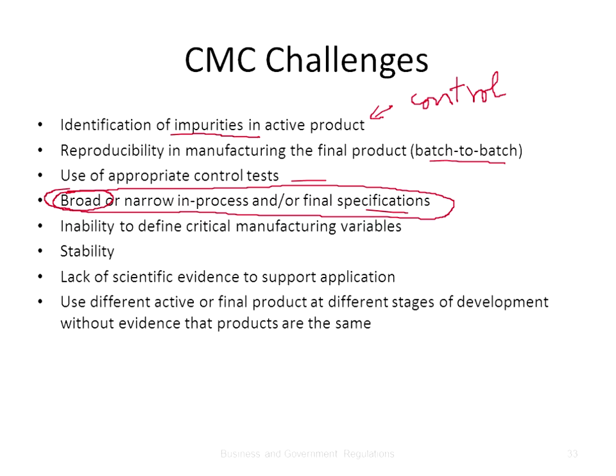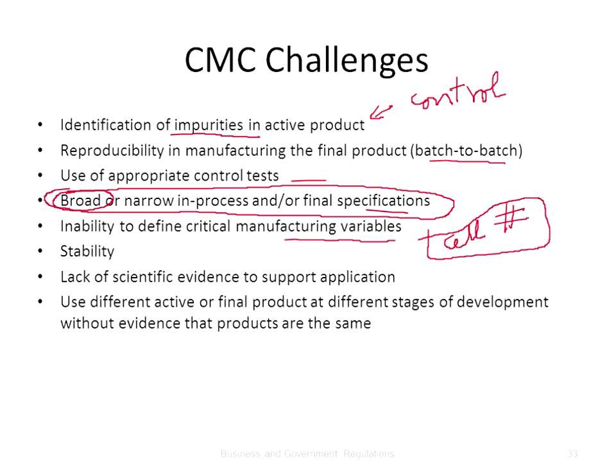Are you able to define critical manufacturing variables? A good example of this is cell number. Because cell number can vary from lot to lot, you want to specify a range of cell number that you're comfortable with, right?